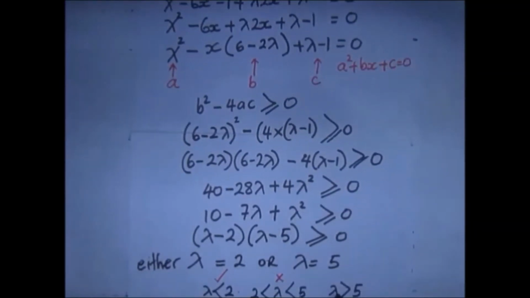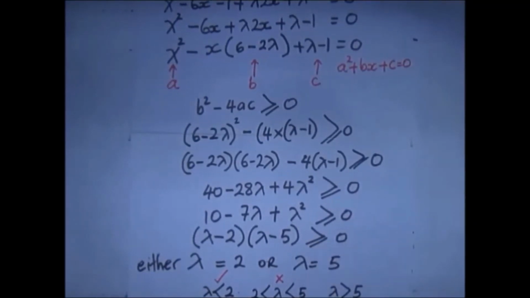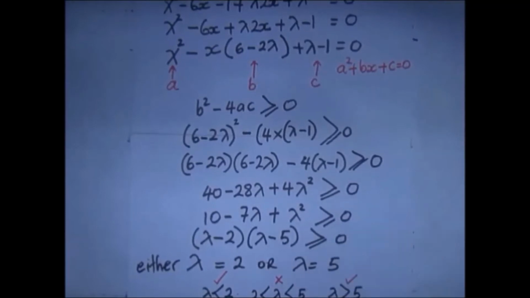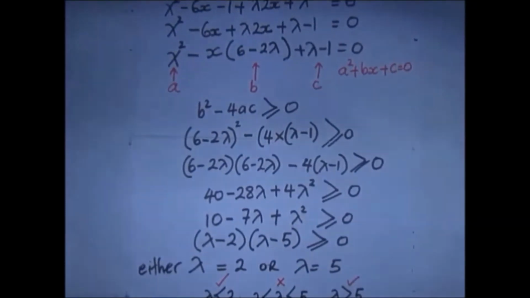So we proceed to lambda is greater than 5. Let's pick 6. If we put 6, 6 minus 2 we have 4, and here 6 minus 5 is 1. So 4 times 1 is 4. Is 4 greater than or equal to 0? Yes. So it means this region satisfies that inequality. So what does that mean?